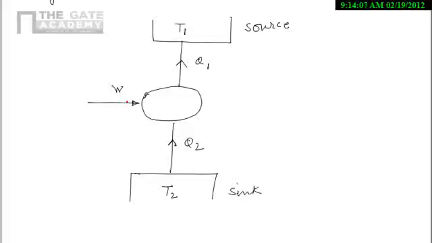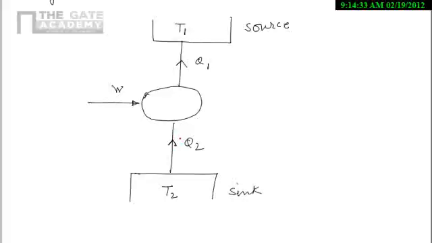It's a typical refrigeration system, and here we are interested in Q2 because our primary interest is to lower the temperature of the system below the temperature of the surrounding. The surrounding will be at higher temperature.